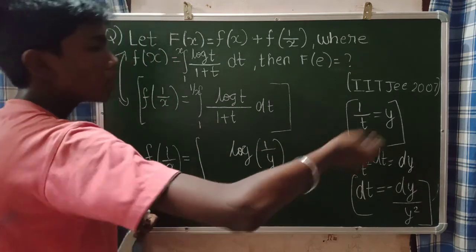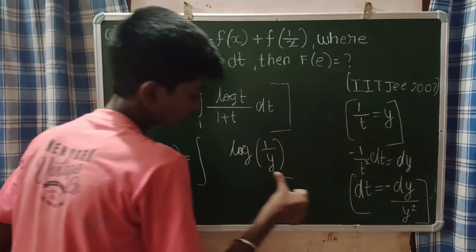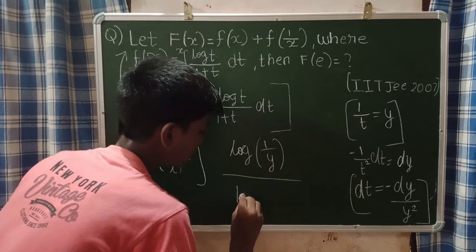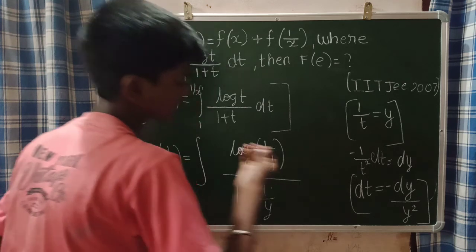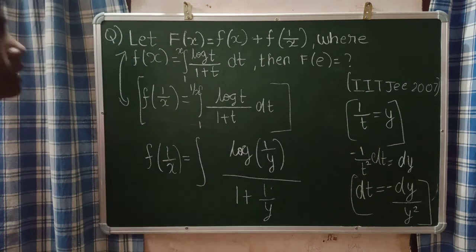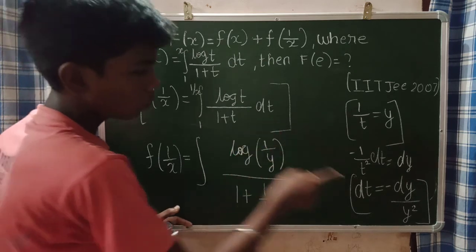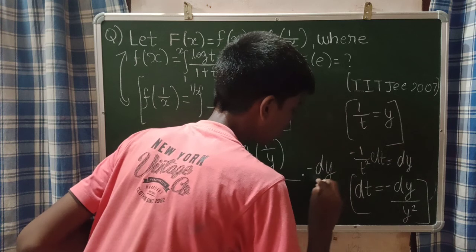Then divided by 1 plus t. What is t? 1 by y. Again 1 by y, because 1 by t is equal to y, so t will be 1 by y. Of dt. What is dt? That is nothing but minus dy by y square.